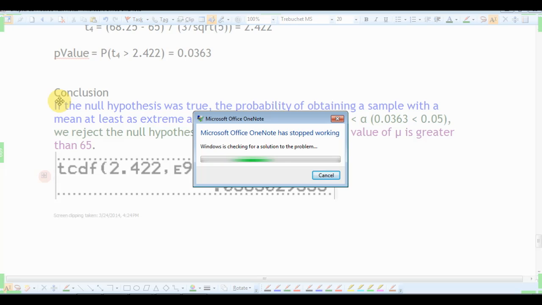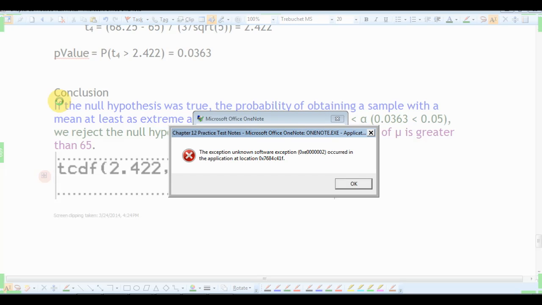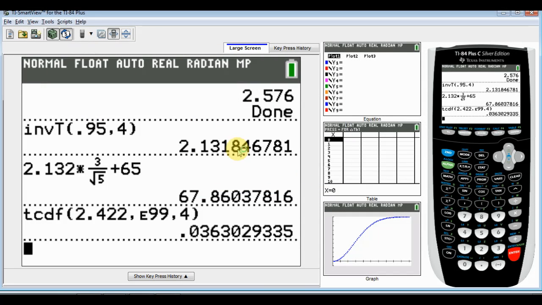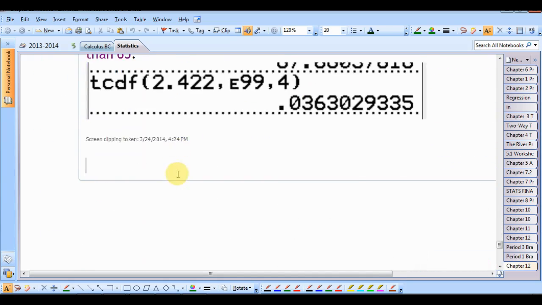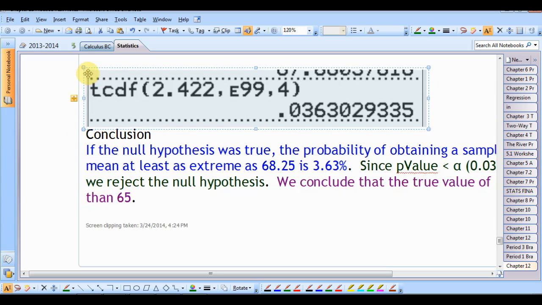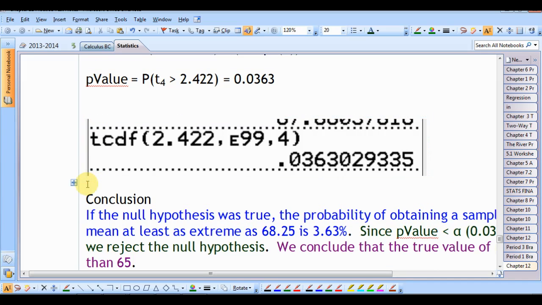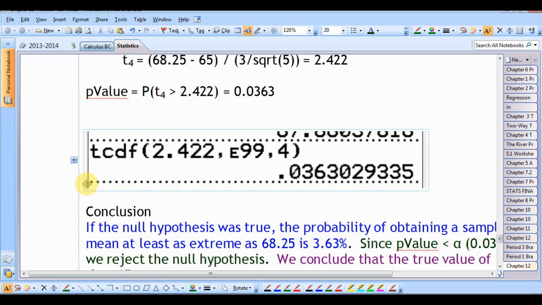So there was only a 3% chance of getting 68.25, if the null hypothesis was true. Does that help? I understand. Okay.